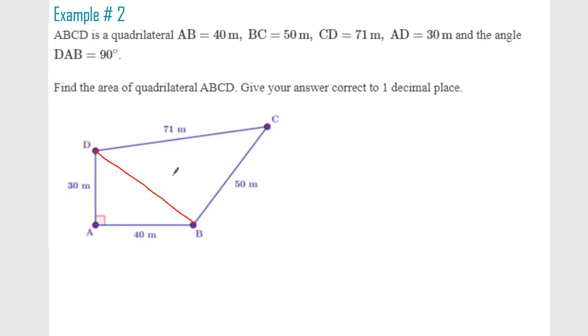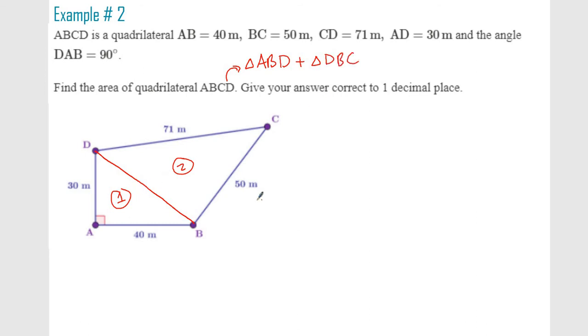If you draw a line right here, we now get 2 triangles, triangle 1 and triangle 2. So the area of the quadrilateral ABCD is triangle ABD plus triangle DBC.